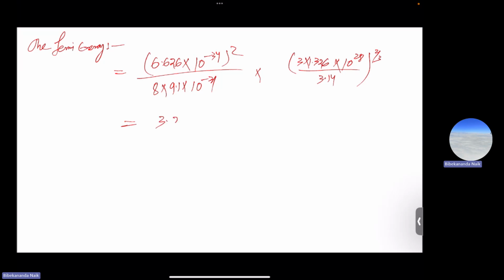Then it will be 3.28 into 10 to the power minus 19 joule.